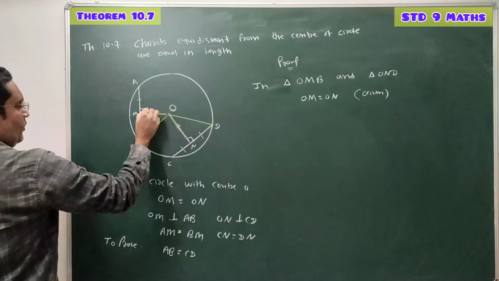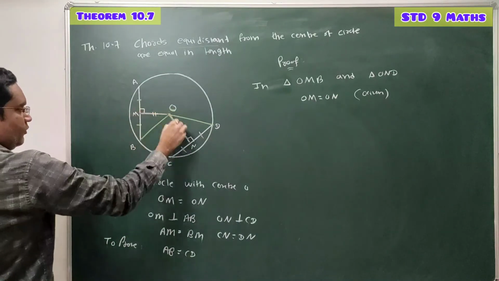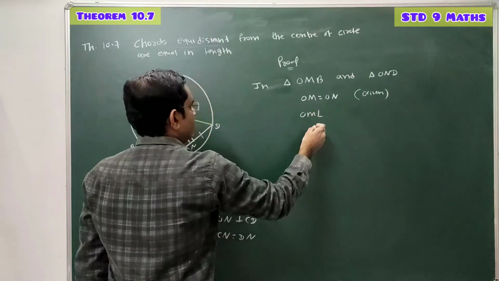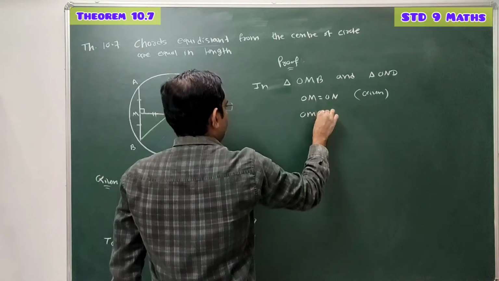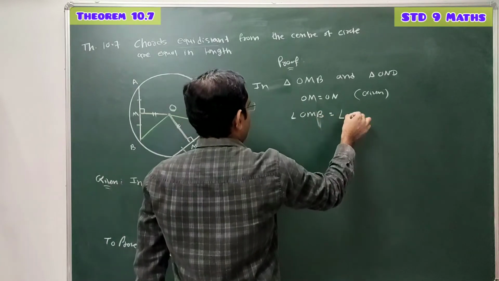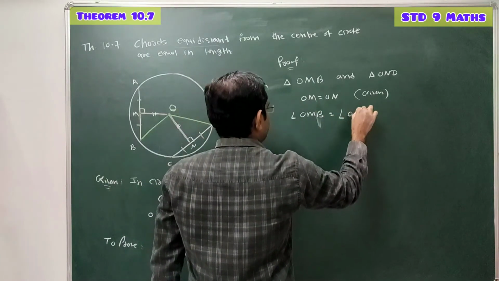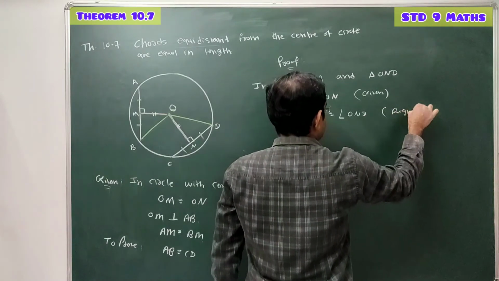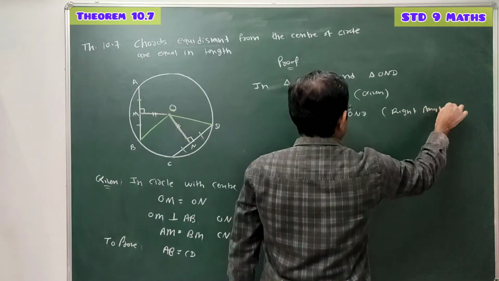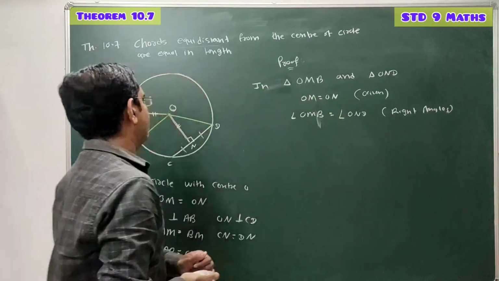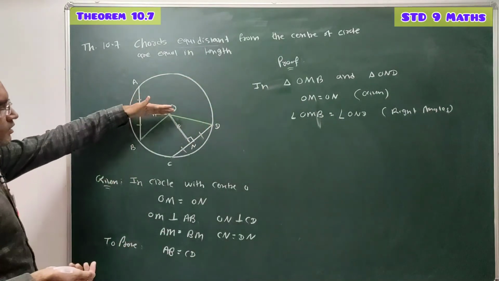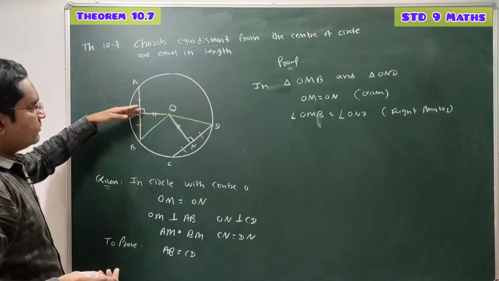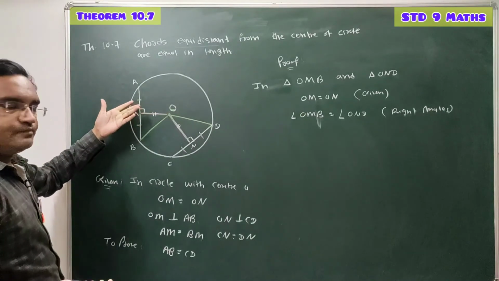Then angle OMB equals angle OND, right angles. To find the distance of a chord from the center, we draw a perpendicular, and a perpendicular from the center to the chord is at 90 degrees.